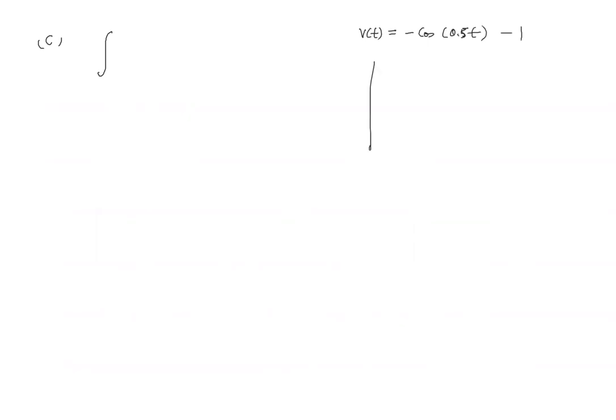So the graph is above or below the x-axis? Can you sketch how the graph looks in the first 10 seconds? It starts from negative 2, correct? Then it goes up like that. So the graph is below the x-axis.